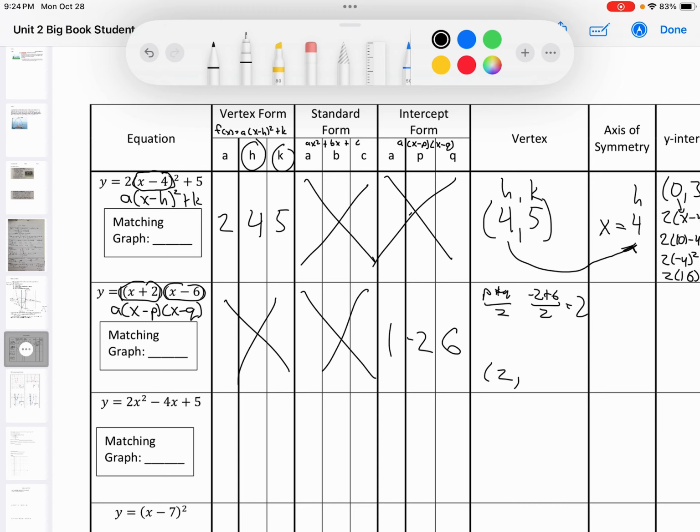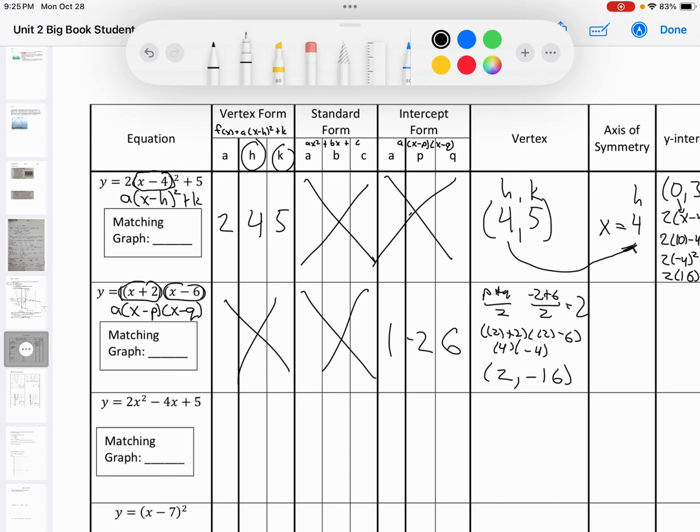Then I need to substitute that into the function for x. So I'm going to have 2 plus 2 times 2 minus 6. That's going to give me 4 times negative 4. And 4 times negative 4 is negative 16. So 2 and negative 16 will be my vertex for this function.